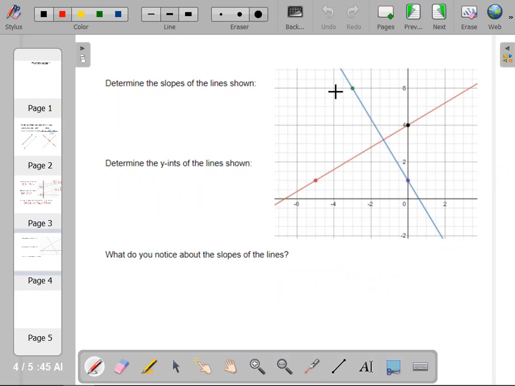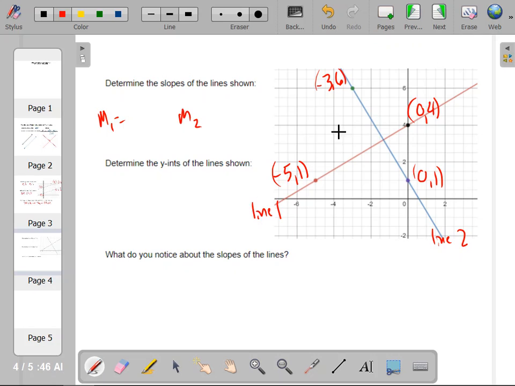Let's try this one. This is at -3, 6. This is at 0, 1. This is at -5, 1. And this is at 0, 4. So when I count my rise over run, I'll call this line 1, and I'll call this line 2. And we'll use some fancy notation, M1 and M2. Line 1, if I count my slope, I'm going to count up 1, 2, 3, over 1, 2, 3, 4, 5.